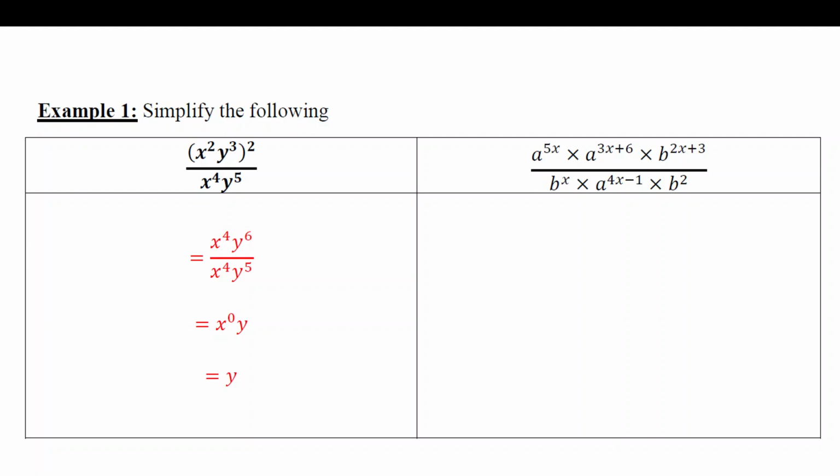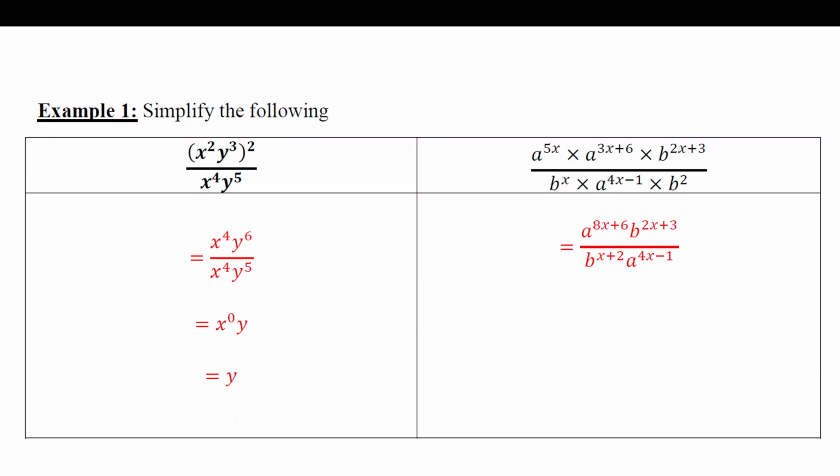Here, let's take care of the top part and the bottom part simultaneously. The only same base terms that we have are the a's. So 5x plus 3x plus 6 gives us 8x plus 6. And at the bottom, the two b's are the same, so x plus 2.